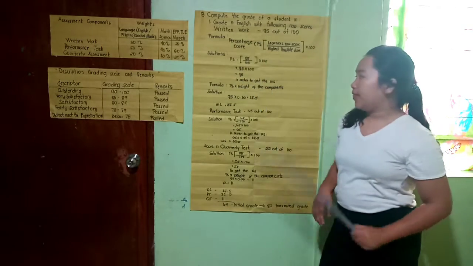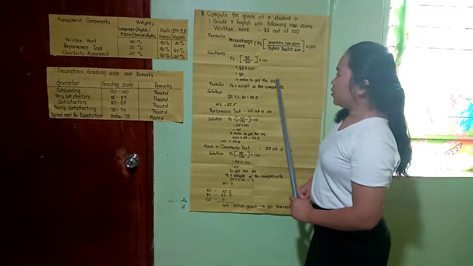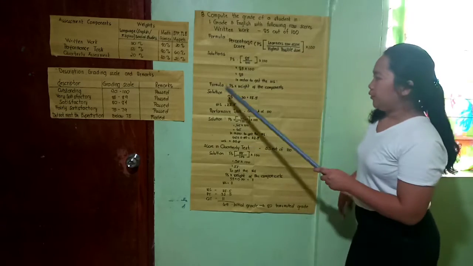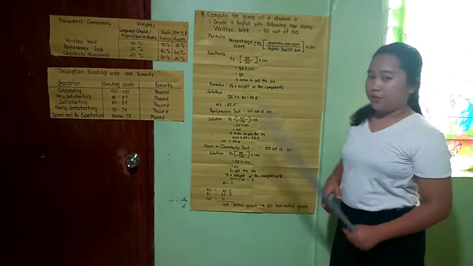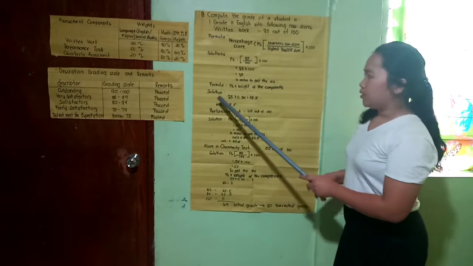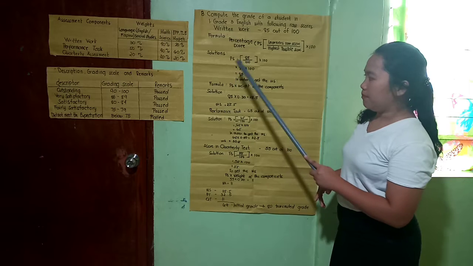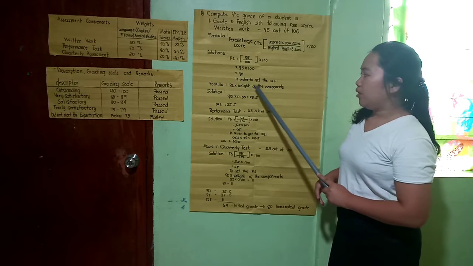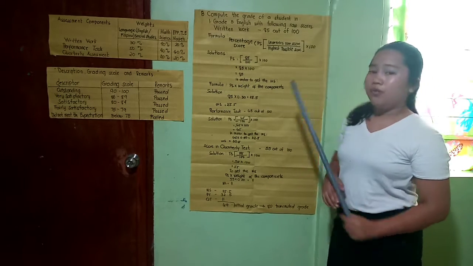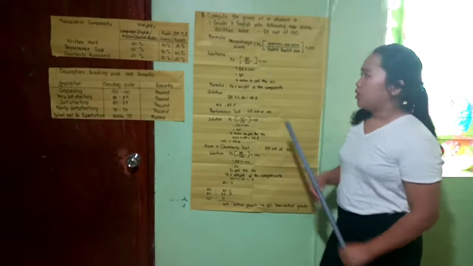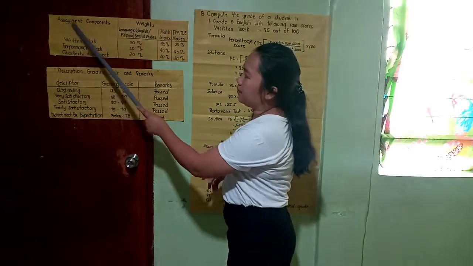So in order to get the rating score, here is the formula: percentage score, which is 85, times the weight of the components. So how do we get the weight of the components? So here are the weights of the components.